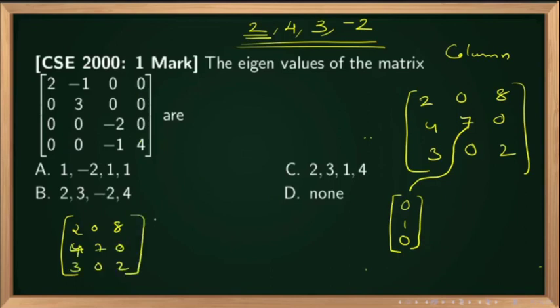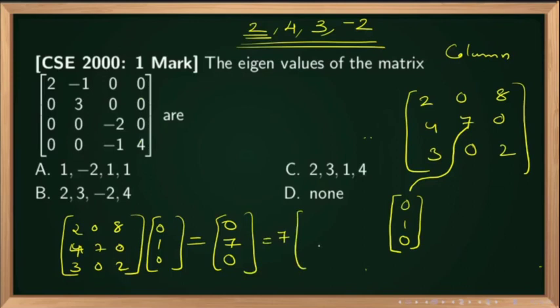If I multiply that with 0 1 0, what will be my result? 2 into 0, 0 into 1, 8 into 0, so the result is 0 here. 4 into 0, 7 into 1, 0 into 0, so 7 here. 3 into 0, 0 into 1, 2 into 0, so 0. So the answer is actually 7 times 0 1 0. Correct. So that eigenvalue corresponds to this particular eigenvector.